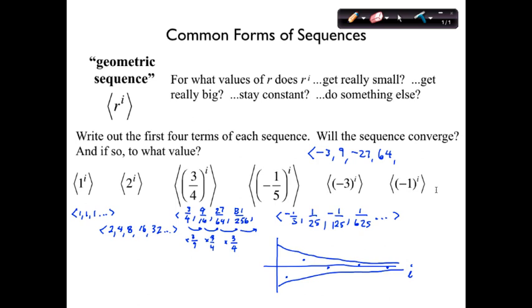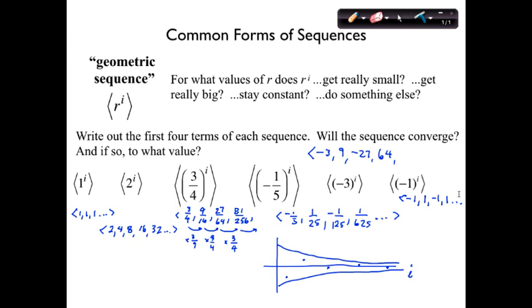What about negative 1 to the i? Converges. Converges to what? It depends on what distance you choose, I guess, right? So negative 1, 1, negative 1, 1, negative 1, 1.